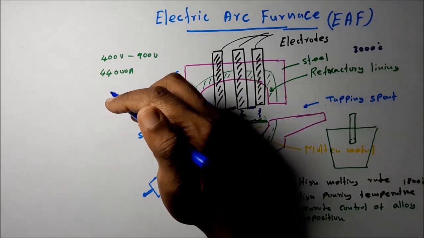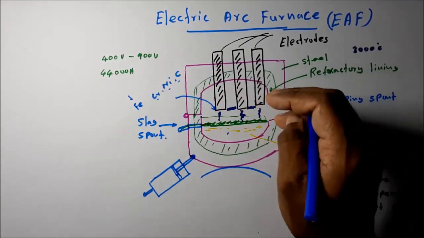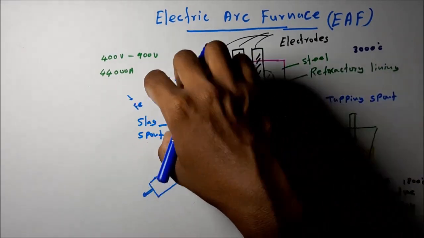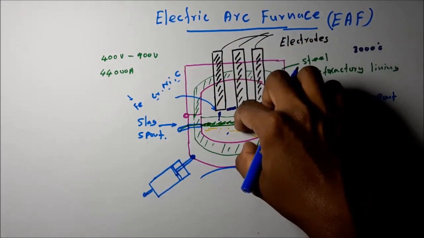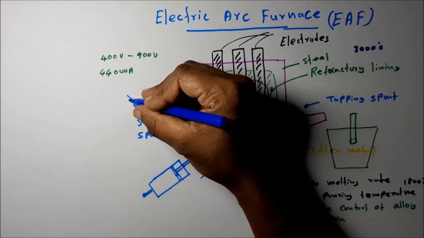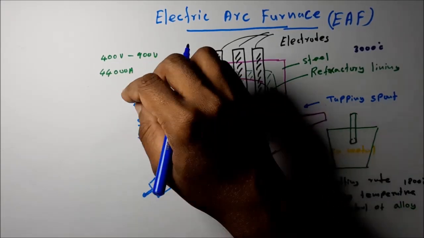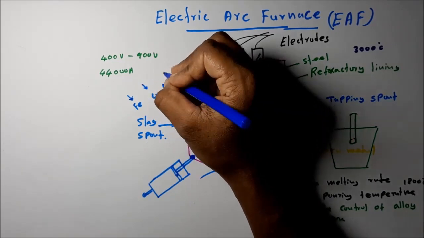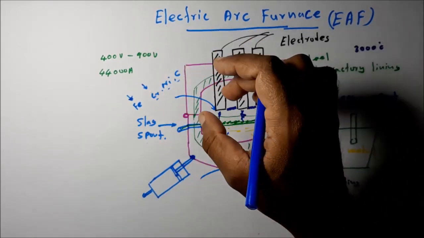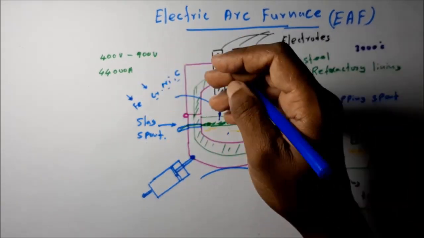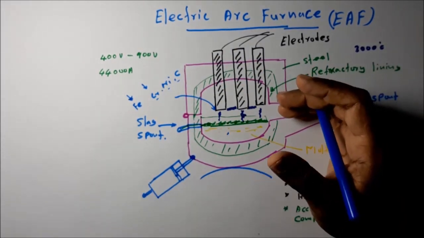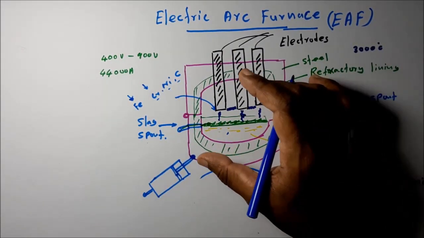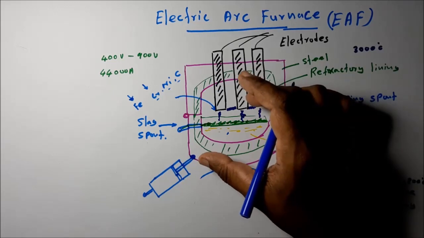We know the amount in kilograms we charged to the chamber, and according to the weightage of the ferrous metal, we can add other required alloy elements to a predefined weightage. So that is the advantage in steel melting with the electric arc furnace.